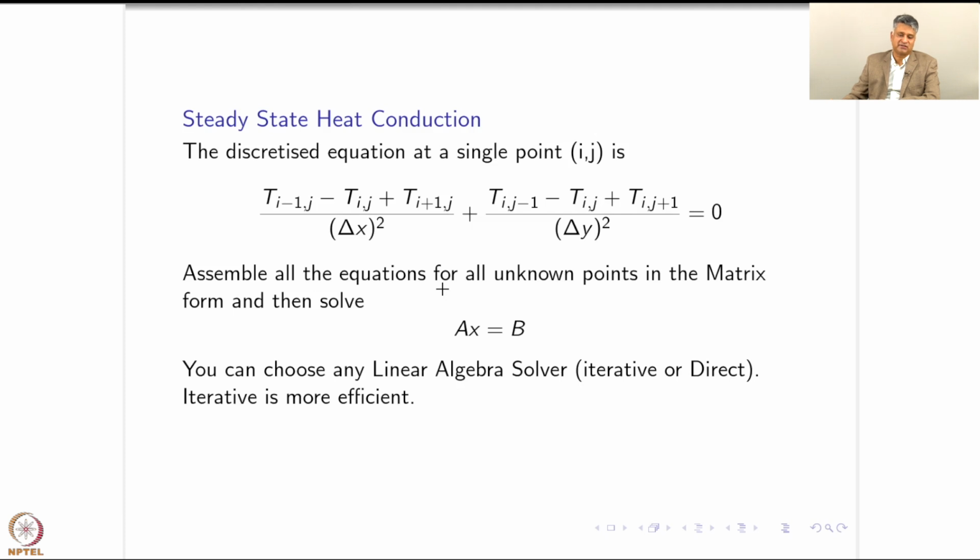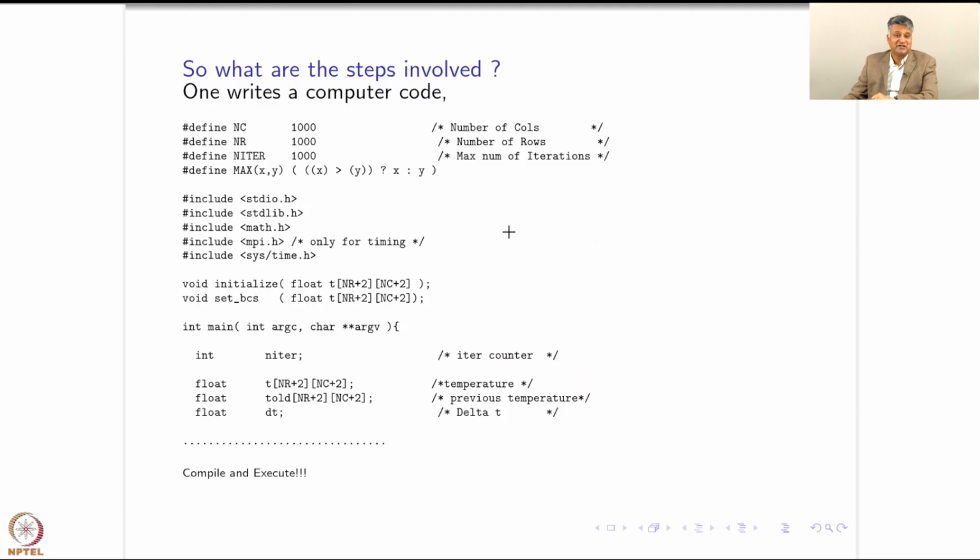We have already discussed in a previous lecture that iterative solvers are more efficient when you come to doing this problem. So what does one do? One writes a computer code. We are not going to describe the entire code over here.